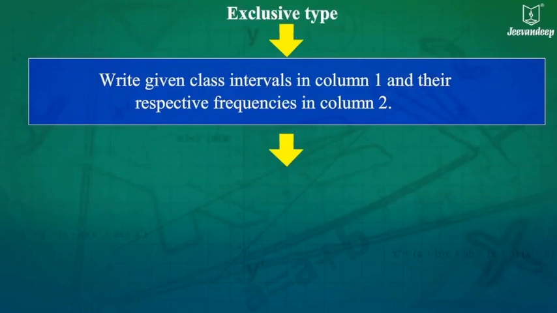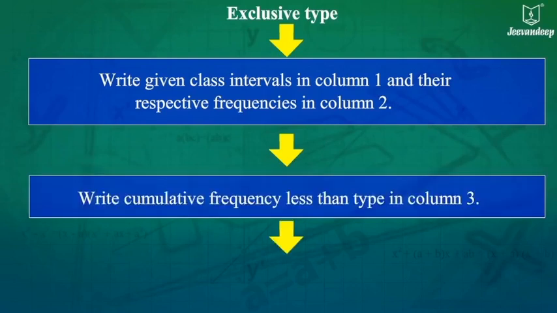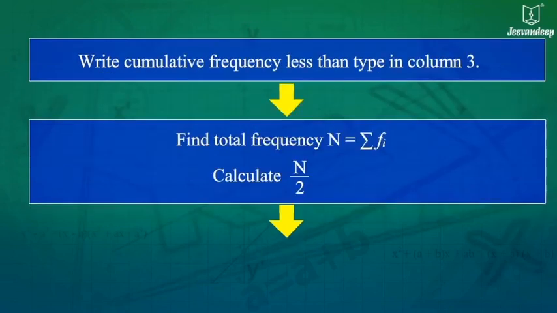For both inclusive type and exclusive type, write given class intervals in column 1 and their respective frequencies in column 2. Write cumulative frequency less than type in column 3. Find total frequency, that is n equals sigma fi. Calculate n by 2.